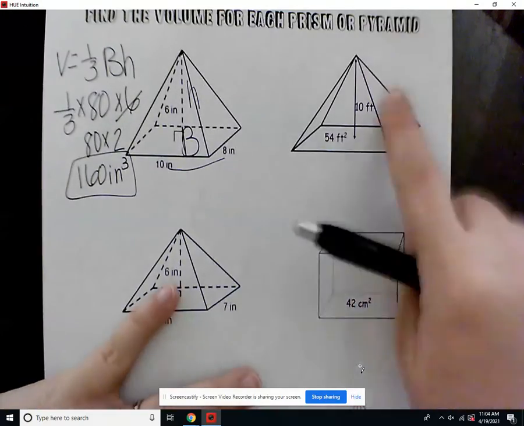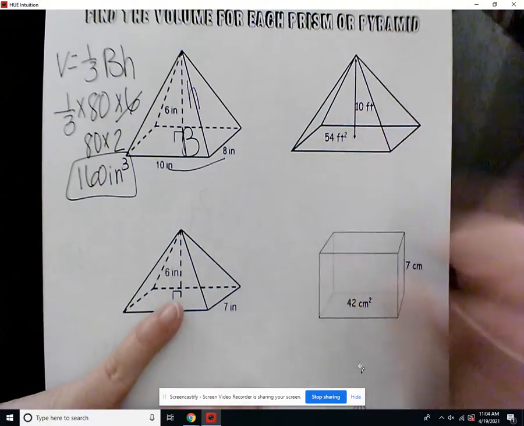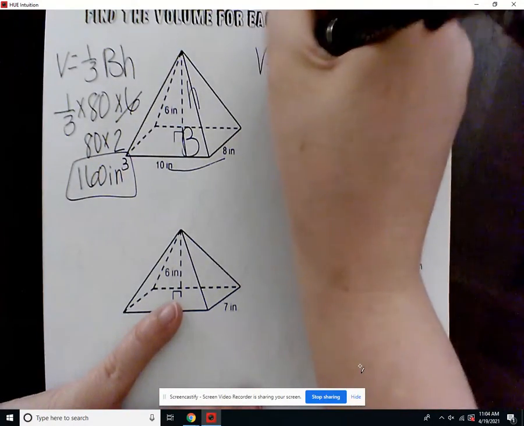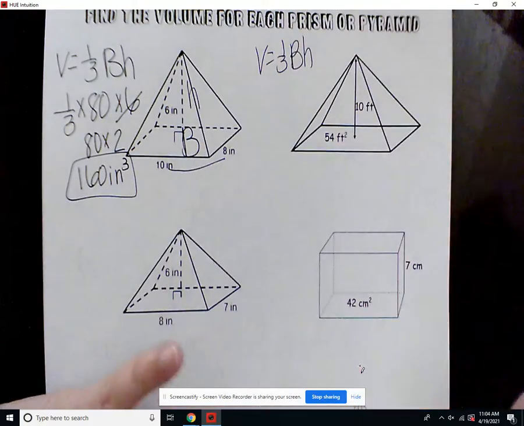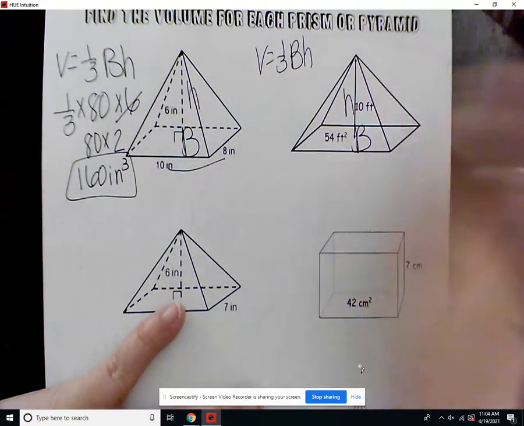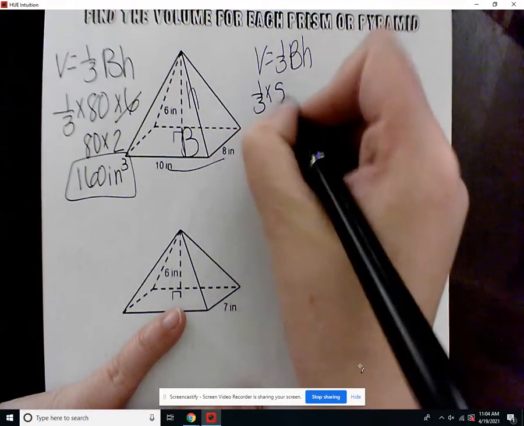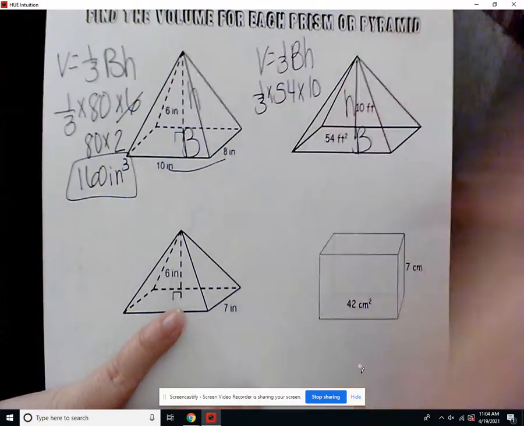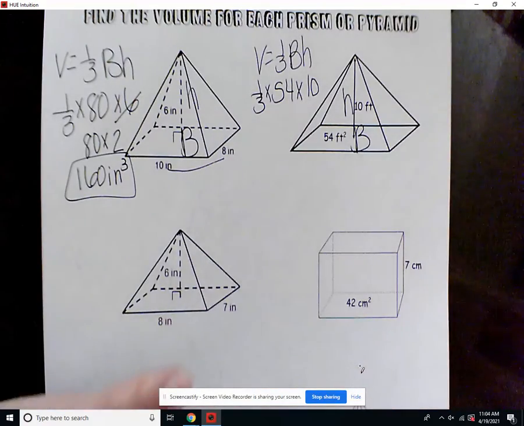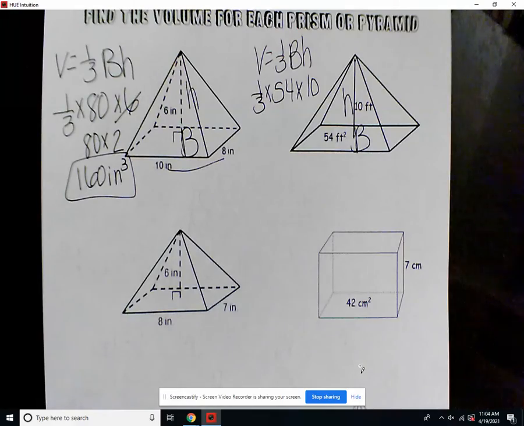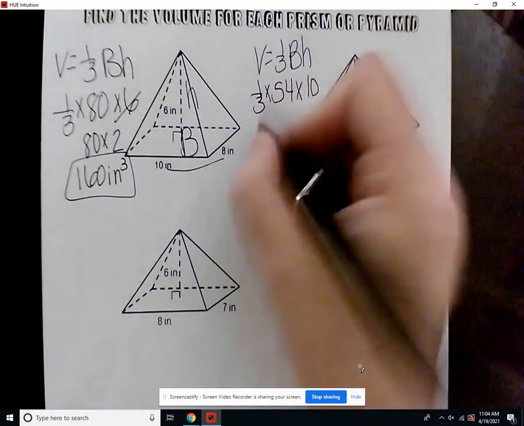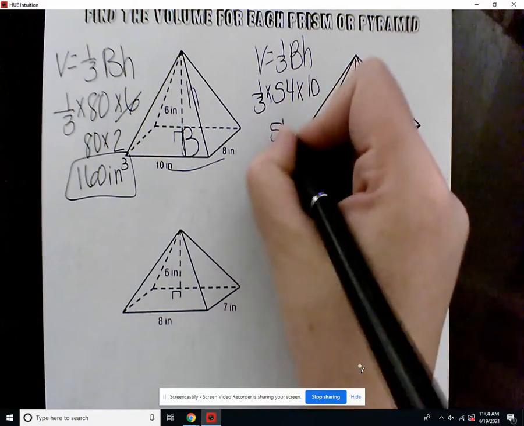Okay, so the one to the right, again, this is a pyramid, so we use 1/3 BH. So there's my base, height. It already has the squared, so that means it's already done. So like for this one, I know 3 can't go into 10, but I'm not sure if 3 can go into 54 evenly. So I'm just going to go ahead and multiply it like normal. So 54 times 10 is 540.